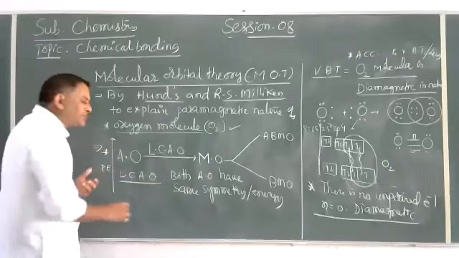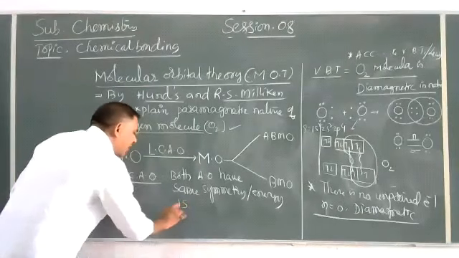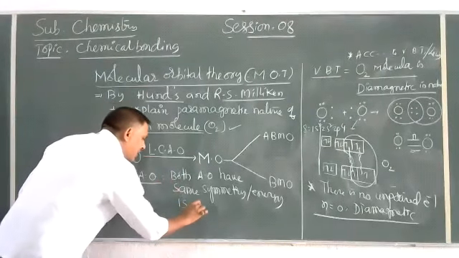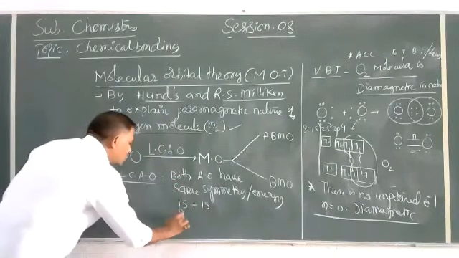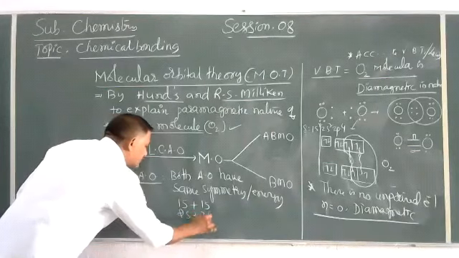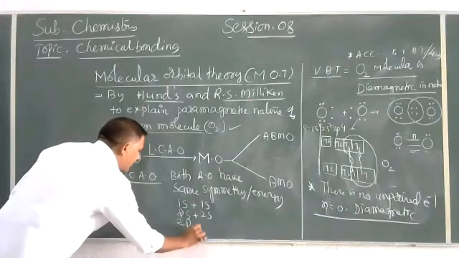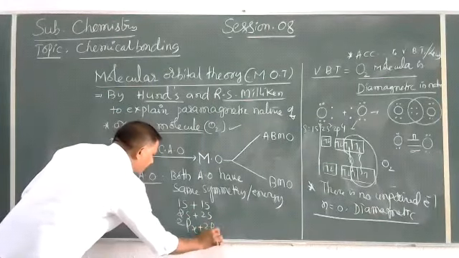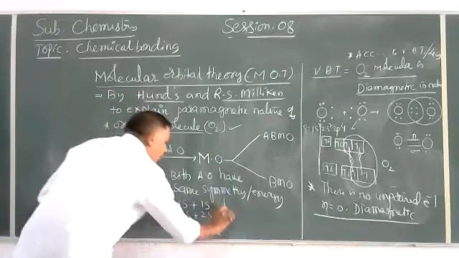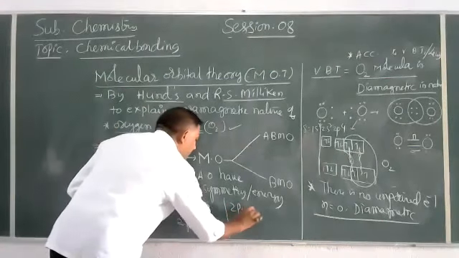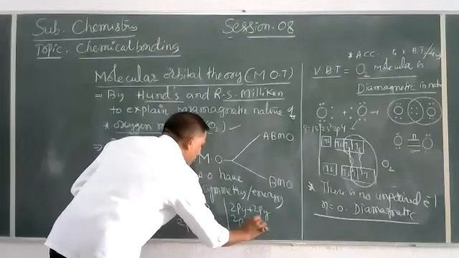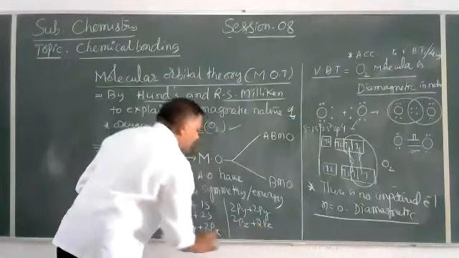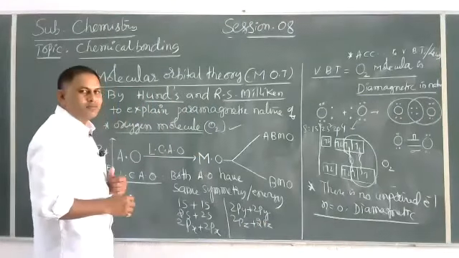The same symmetry means the orbital of one atom combines with the same orbital of another atom: 2s combines with 2s only, 2px combines with 2px only, 2py combines with 2py, 2pz combines with 2pz only, and so on.